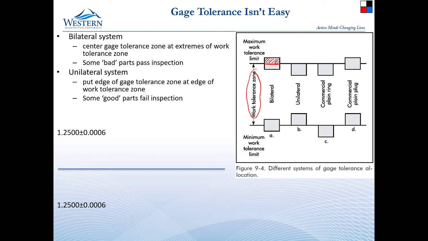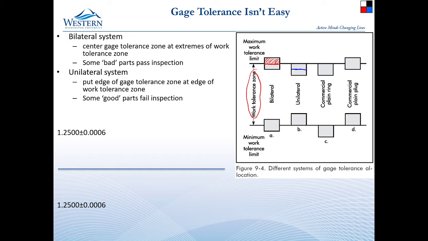But the alternative to this is that if I do a unilateral gauge and I give them some value, and they're probably going to shoot for the middle of the tolerance band that I give them, just because they want to make sure that they make the gauge within the tolerance band that I give them.